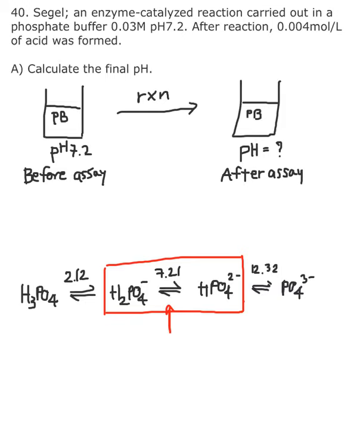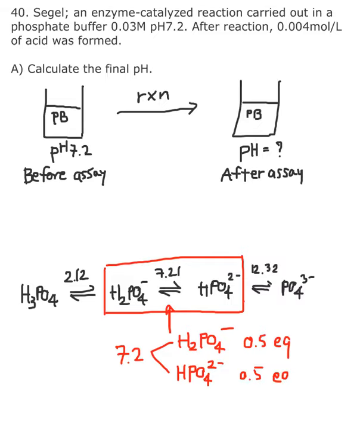So it means that at pH 7.2 here, your solution would contain half of the acid and half of the base. By half, it would refer to 0.5 equivalence here, or 50%.